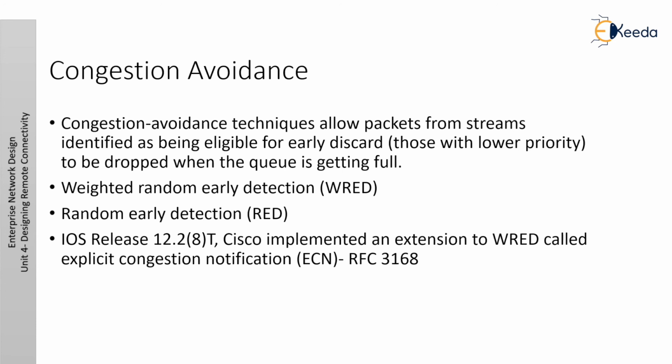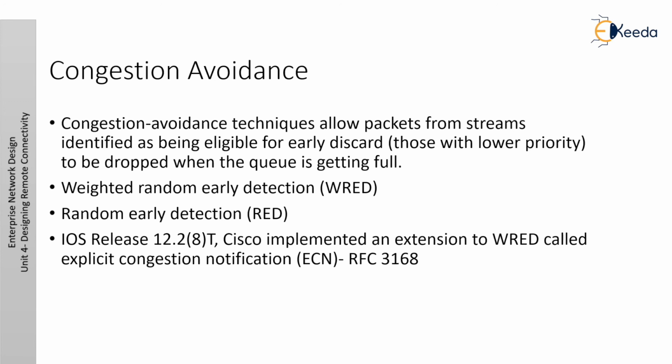RED randomly drops packets when the queue gets to a specified level, when it is nearing full. RED is designed to work with TCP traffic. When TCP packets are dropped, TCP's flow control mechanism slows the transmission rate and then progressively begins to increase it again. Therefore, RED results in sources slowing down and hopefully avoiding congestion.